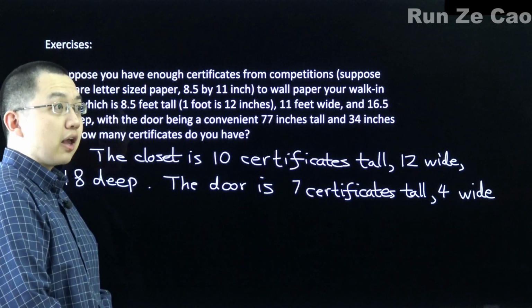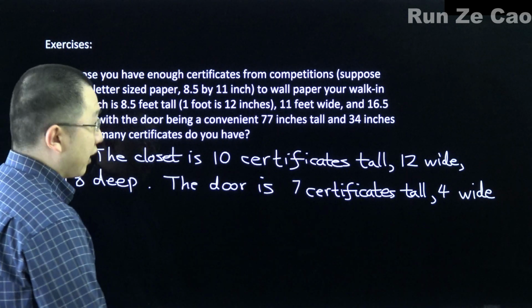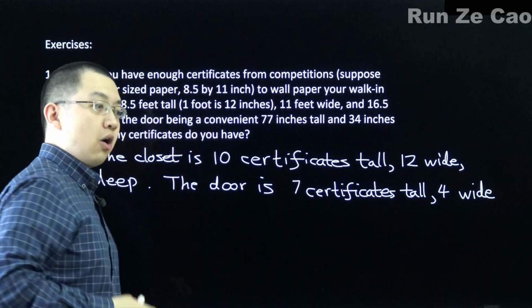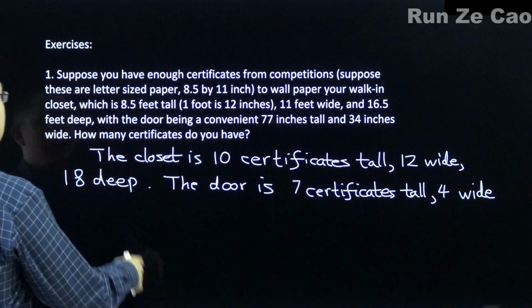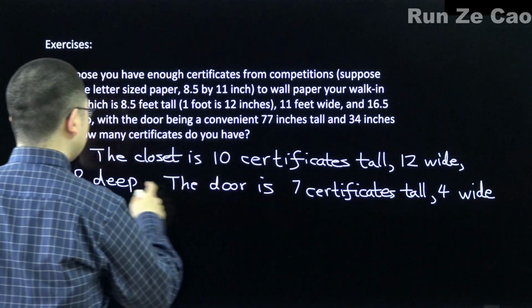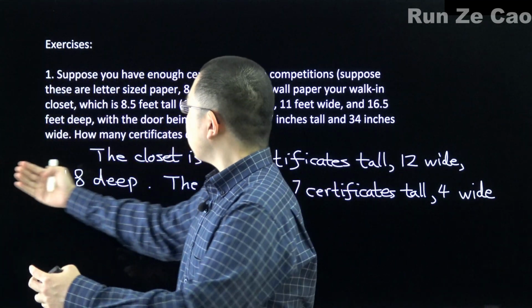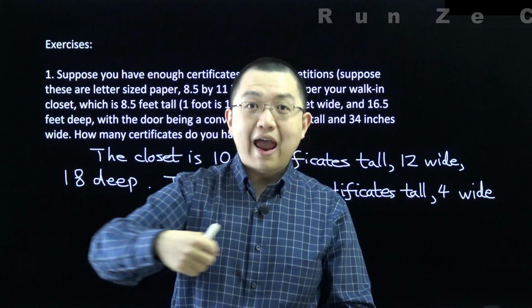But it doesn't say decorating paper for all the walls and doors. It says wallpaper. The question said wallpaper. Therefore, we have to take the dimensions of the closet, calculate how much area is on the 4 walls, and then we subtract the door.